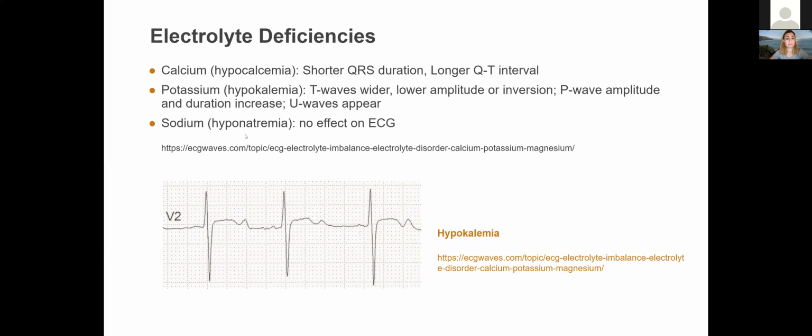A sodium deficiency will not show up in an ECG, but a potassium deficiency, also known as hypokalemia, is where the T wave is wider, has a lower amplitude or inversion. The P wave amplitude and duration increase, as you can sort of see here. The calcium or hypocalcemia deficiency is a shorter QRS duration or a longer Q to T interval.